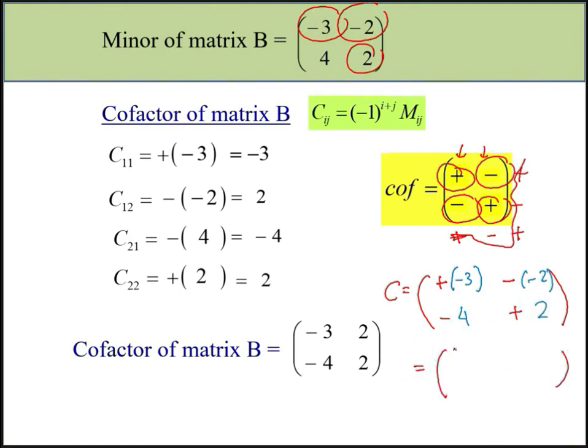Positive times -3 is -3. Here will be +2, -4, and 2. It will be your cofactor matrix. This is a faster way of doing it. So that's why I prefer you guys to memorize the signs of the cofactor. Remember, it must start with a positive sign at the first row and first column, and the other signs will just alternate.